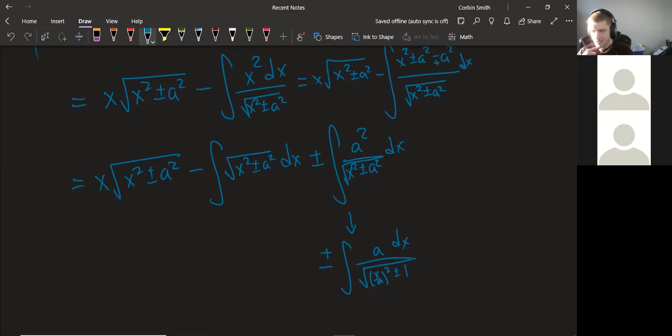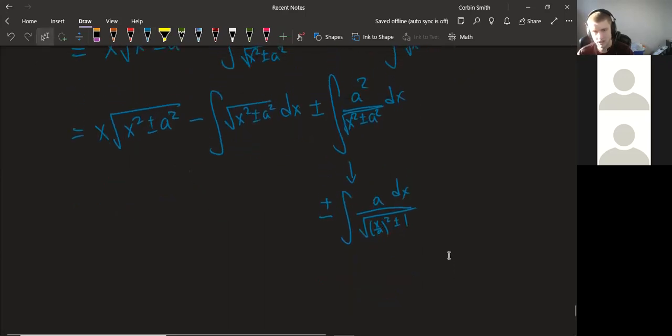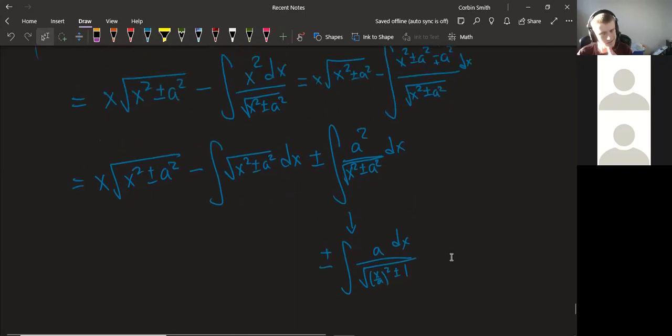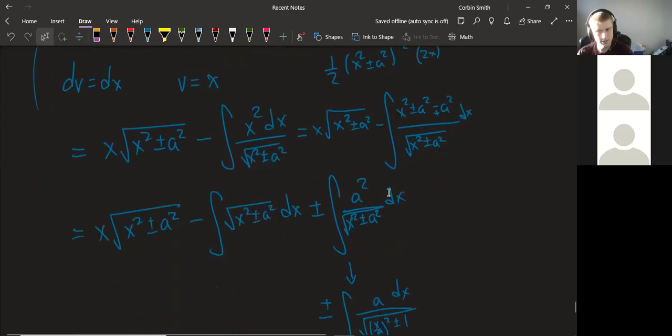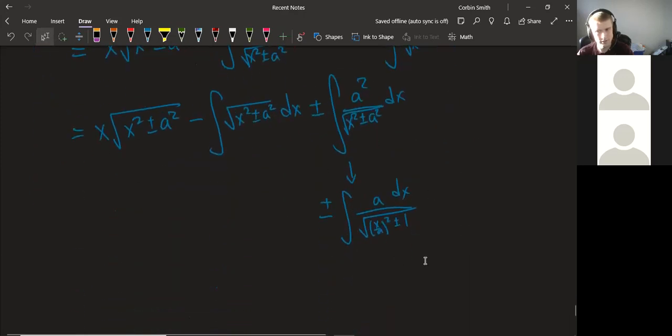It could be arcsinh or arccosh, or arcsine. Do we want to rewrite it this way?